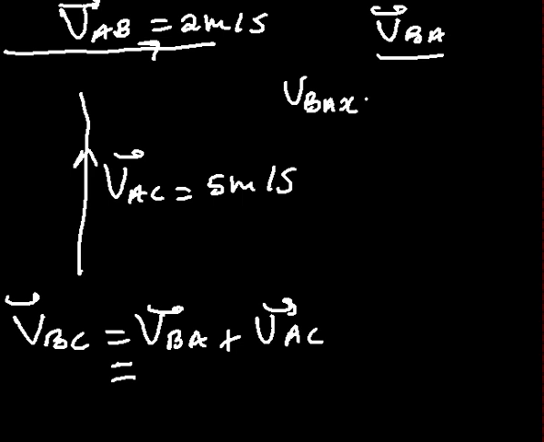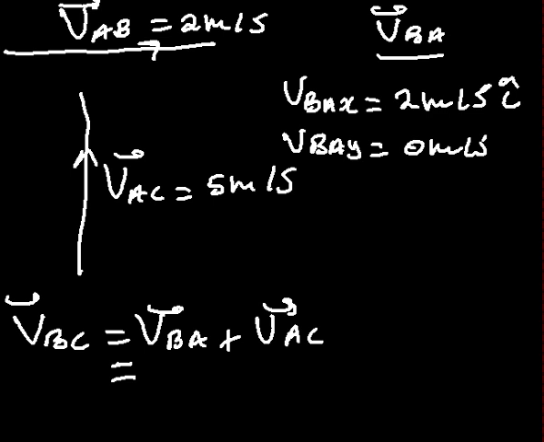And what is the Vbax? It will be the same as 2 meters per second since it is acting horizontally. That is i. Then we'll have Vbay as 0 because it has no y component.